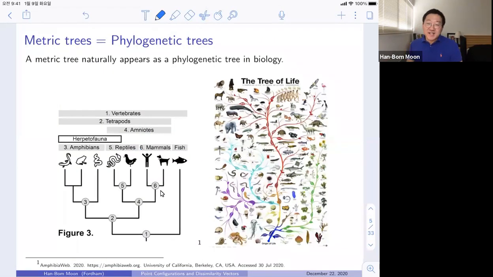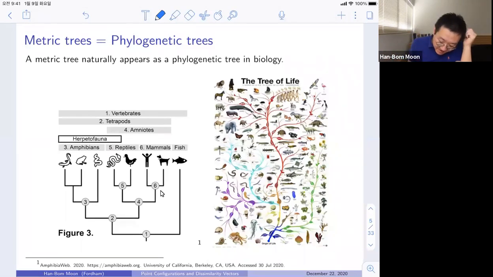This metric tree is probably also studied by non-math people because it can be understood as a phylogenetic tree in biology. Well, in biology, if you have several species, then we know that by evolution, these species branched out from a single species. Then we want to understand their relative distance by describing the tree diagram.